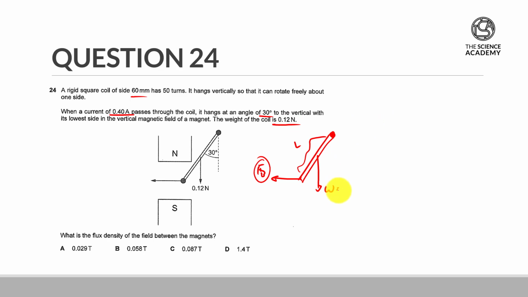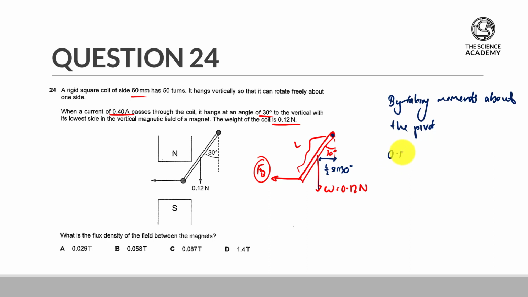The question tells us that the weight of the coil is 0.12 newtons, and this angle over here is 30 degrees. So by taking moments about the pivot, which is here, we have force times this perpendicular distance over here, which is going to be L over 2 sine of 30 degrees.